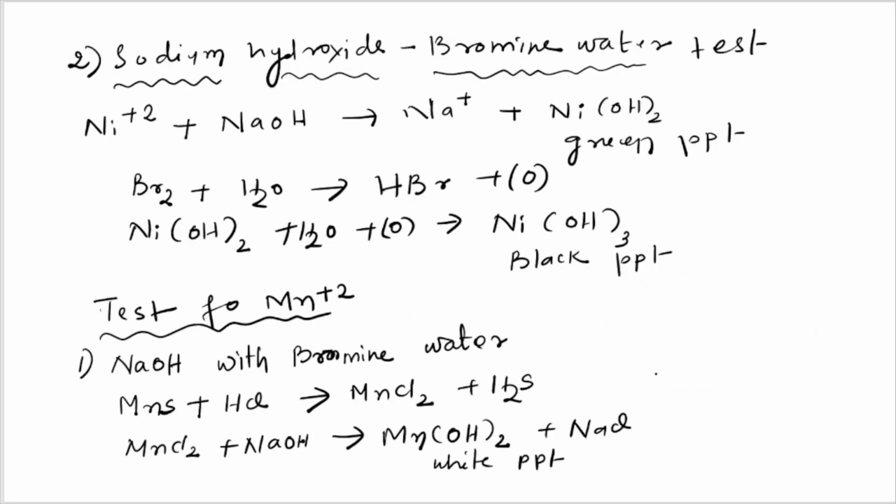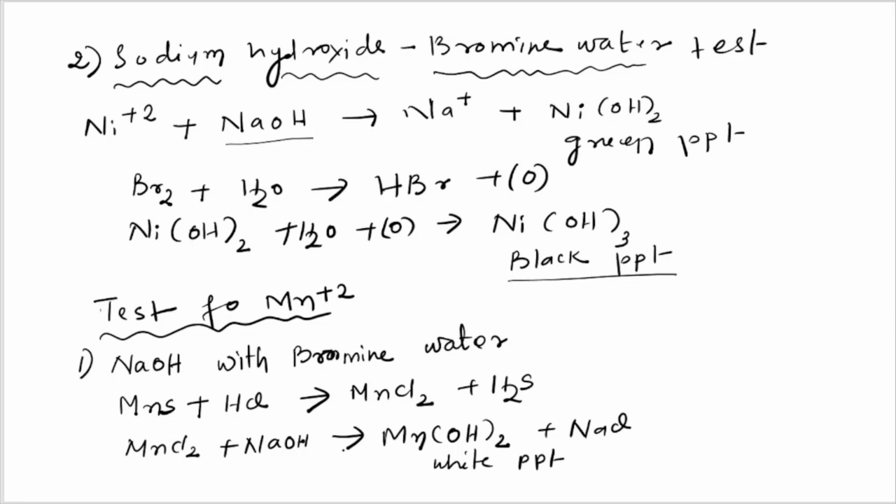Sodium hydroxide and bromine water test. See, first you are adding sodium hydroxide, a green precipitate is obtained, bromine water is added, then lastly you get a black precipitate. Very important reaction.